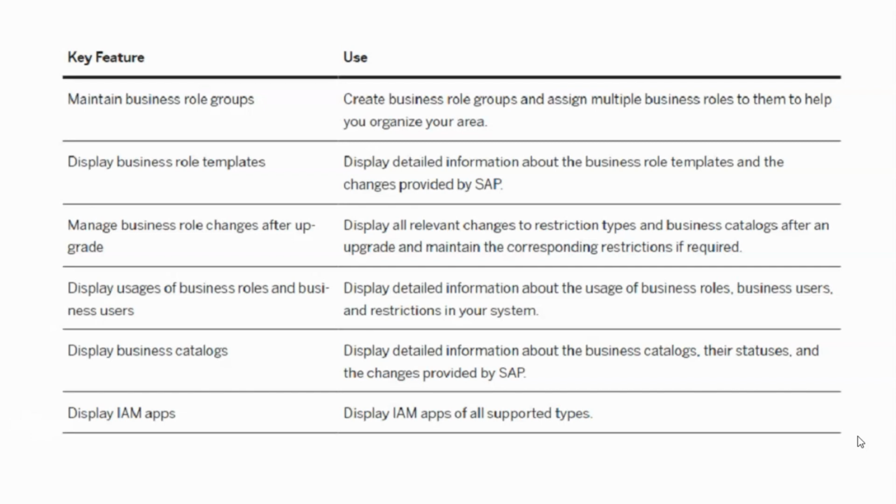Display business catalogs: we can display detailed information about the business catalogs, their statuses, and the changes provided by SAP. We can display the IAM applications, of all supported types. If you're wondering what exactly IAM is, IAM involves the intelligent asset management that we have.